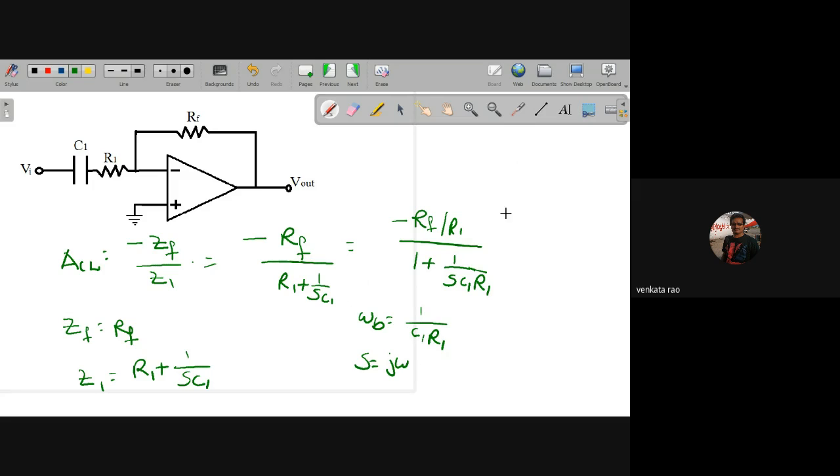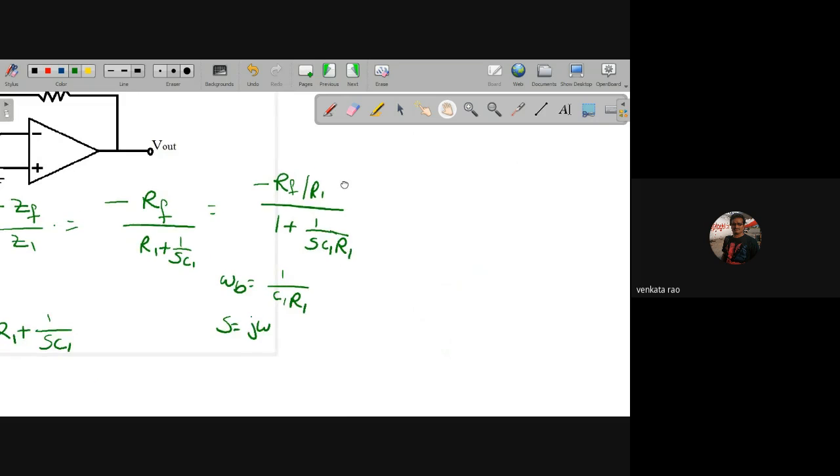Now you can write H of J omega, the transfer function, as minus RF by R1 by 1 plus omega B by J omega.